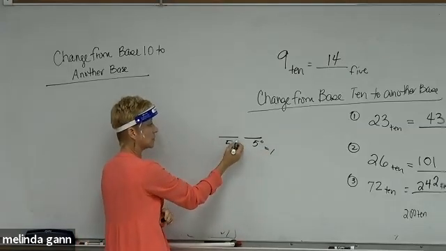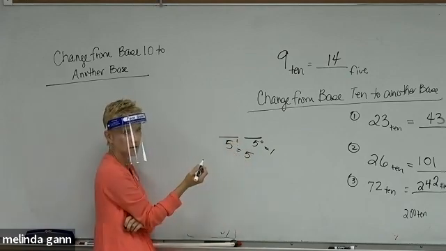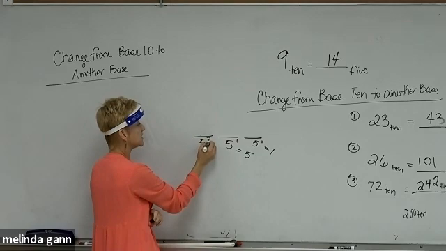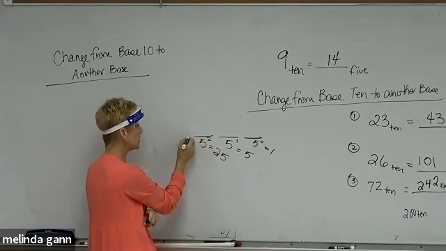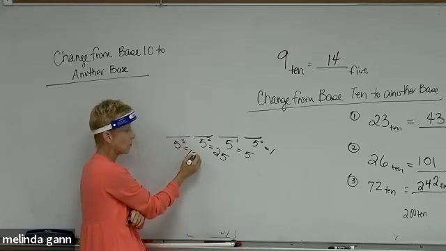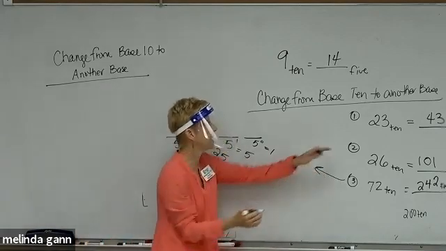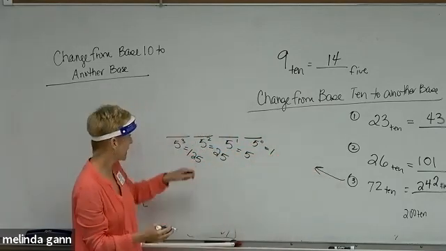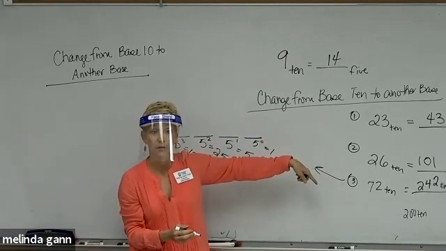This would be my 5 to the 1. So that would be my 5s. Everybody with me? What would my 5 to the second column be? That's my 25s. Now, do you understand that if I did 5 to the third, that would be my 125s? Do you see, if I'm trying to do a 72 or any of these, am I going to have any 125s in these numbers? No.